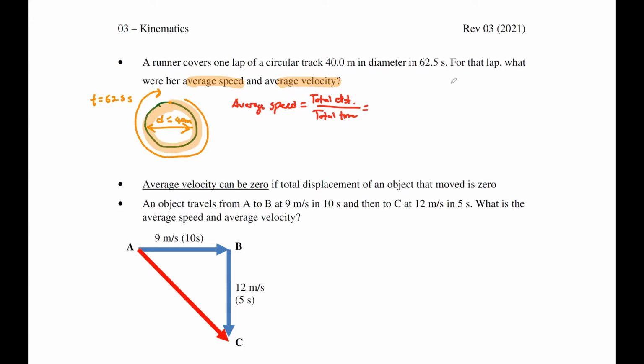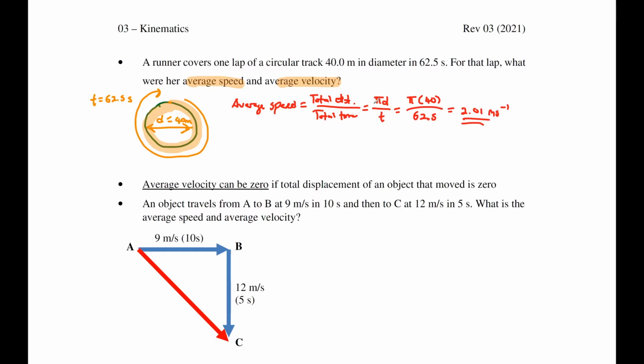So circumference of a circle is actually just pi d. Okay, pi d divided by t now. So this one will be pi times 40 divided by 62.5. Let me just calculate that quickly. Pi times 40 divided by 62.5. You should get the answer as 2.01 meter per second.